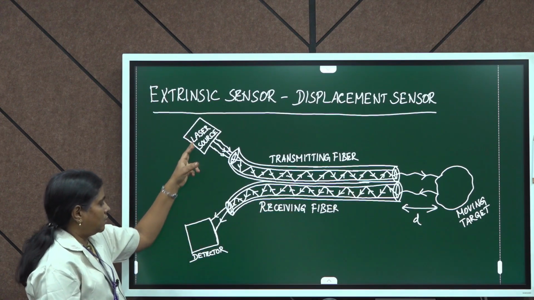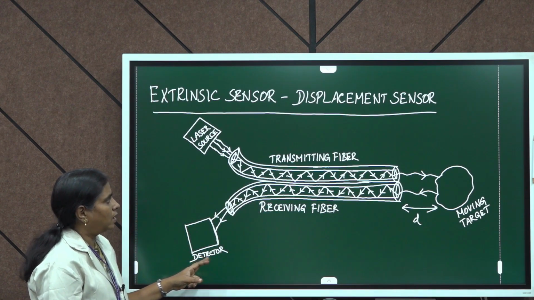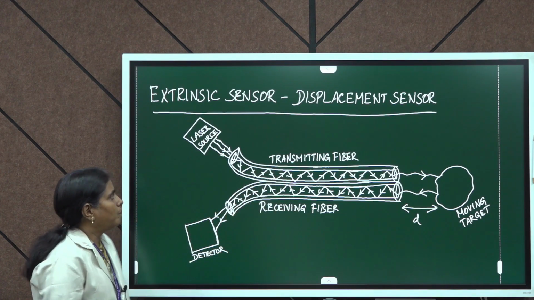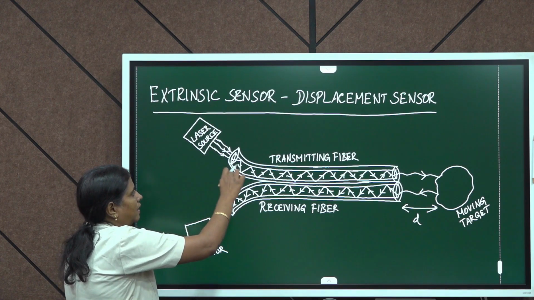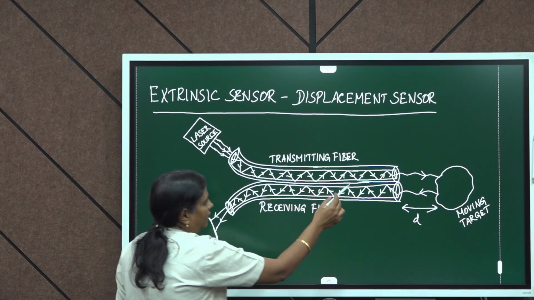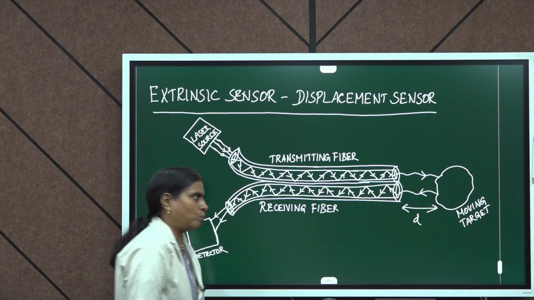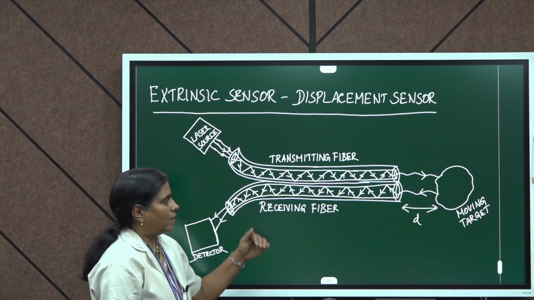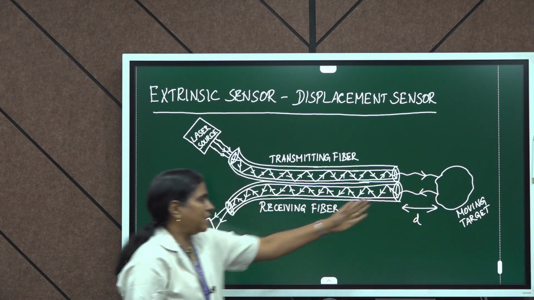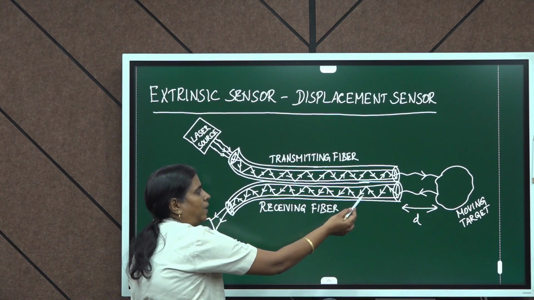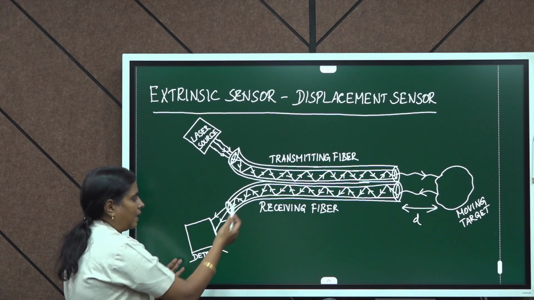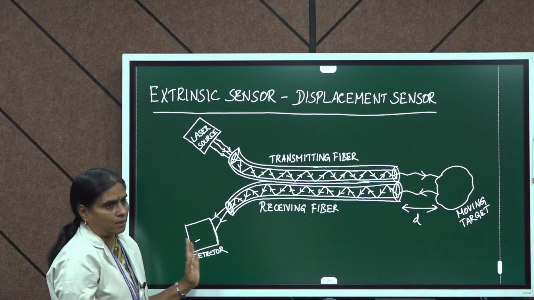Initially there is a laser source, one detector and two fibers, one transmitting fiber and the other a receiving fiber. The laser light is sent through the transmitting fiber, undergoes total internal reflection, and falls on the moving object. The light reflected from the moving target is received by the receiving fiber, totally internally reflected, and again comes to the detector.